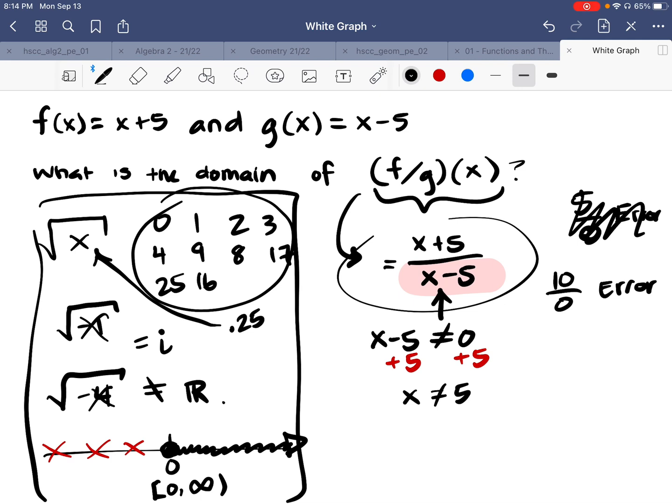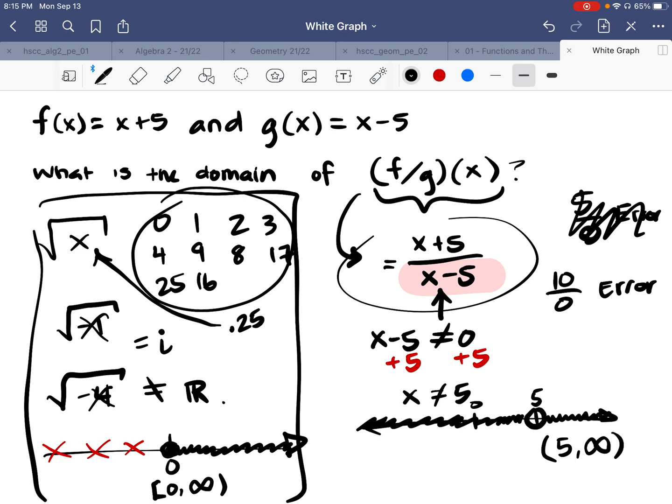So now how would you write this in interval notation? You have your number line, and then you have 0, and then you have 5. 5 you cannot have, so we're just going to put a circle around it. Everything bigger than 5 totally works, and everything less than 5 totally works. So you would write everything starting at 5 and going to infinity.